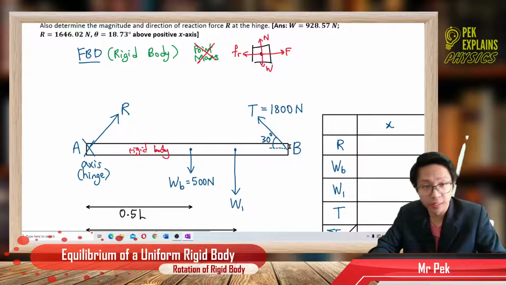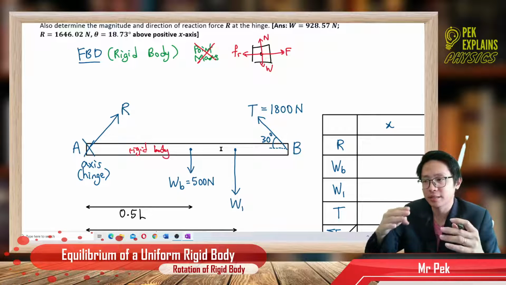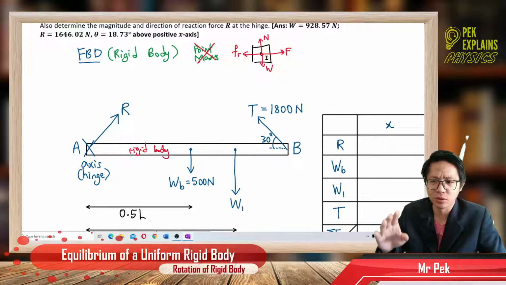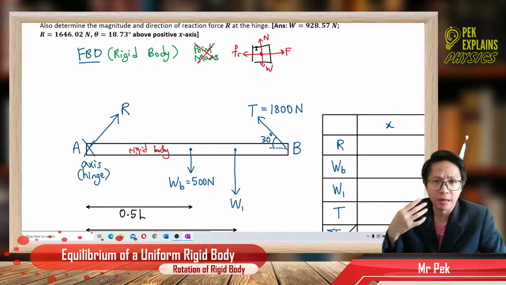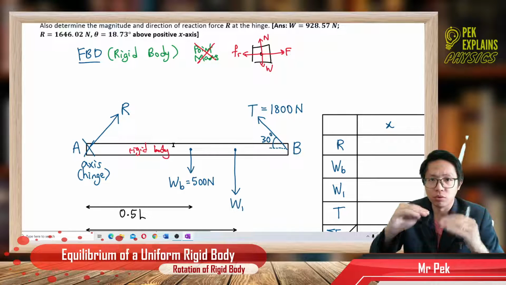But for a rigid body, the forces act at different points, and these forces can make the rigid body rotate, instead of just going left and right. A point mass just goes left and right, up and down, with no rotation. But when the forces act at different points, it makes the rigid body rotate also.